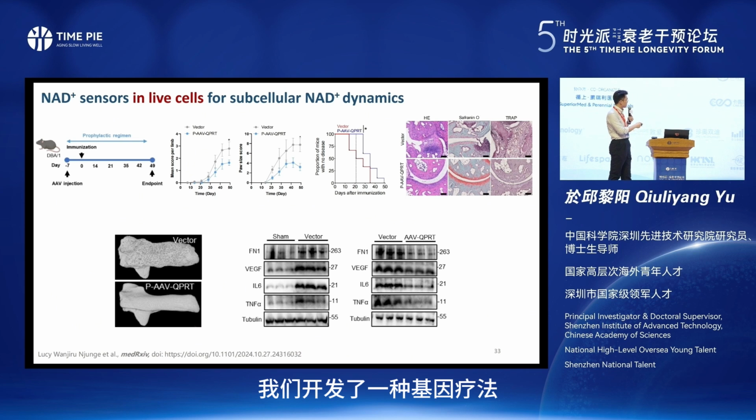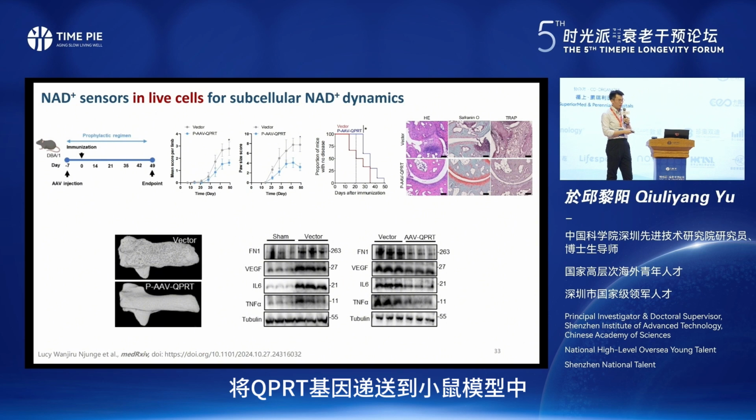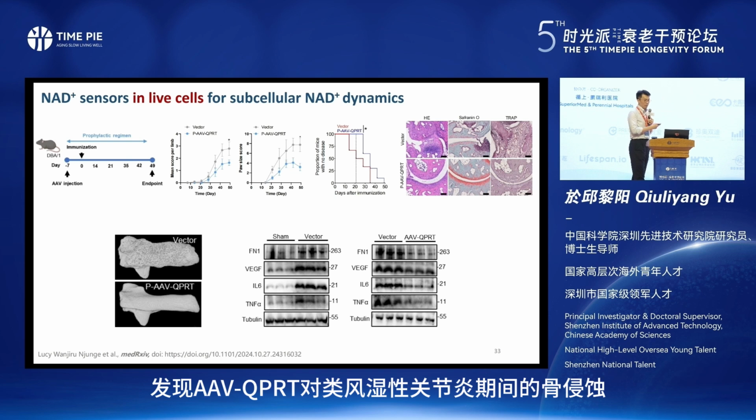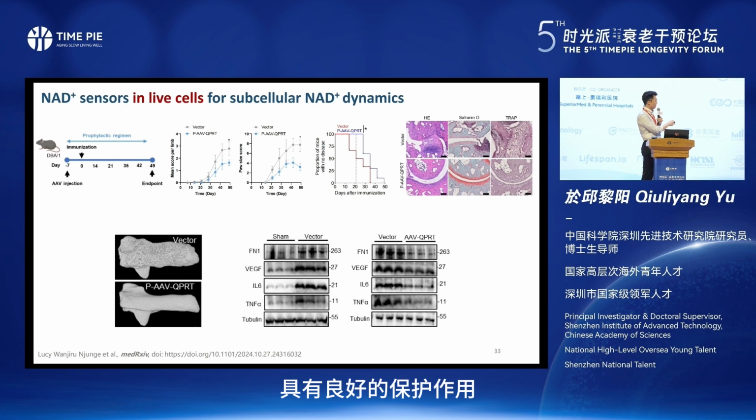We developed this gene therapy that delivers the QPRT gene into the mouse model. And we found that the AAV-QPRT has a very good effect on protecting against bone erosions during RA.